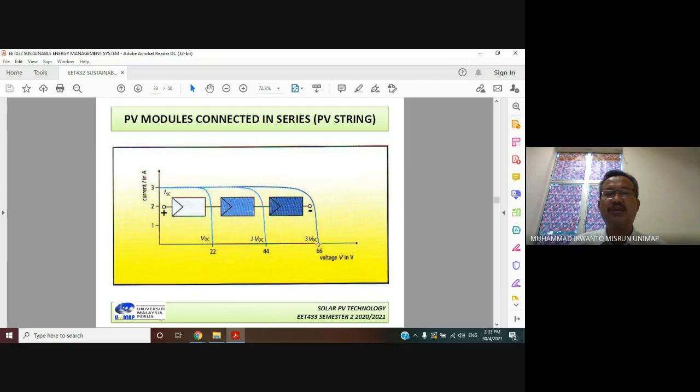If three, 3 VOC. And each PV cell has the short circuit current 3 amperes. So the total current for the PV modules connected together in series remains constant at 3 amperes.